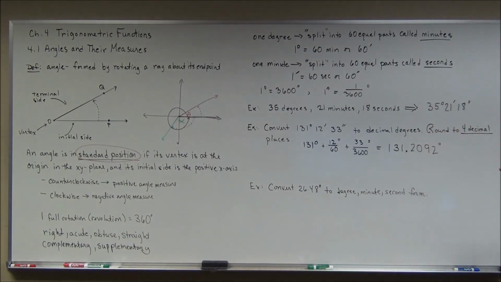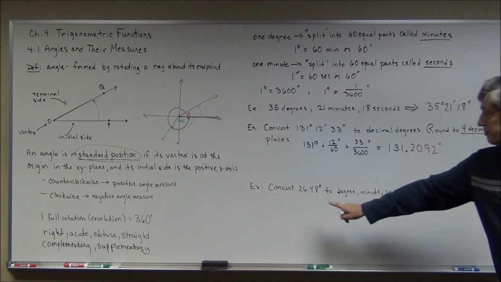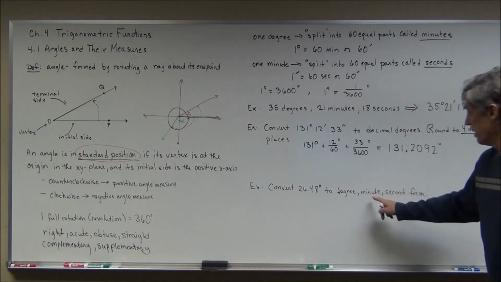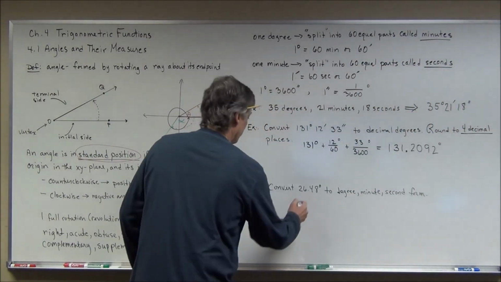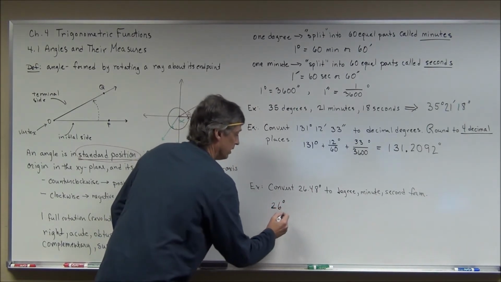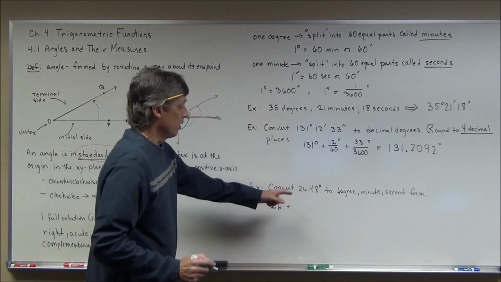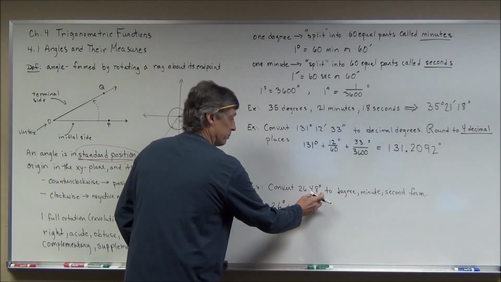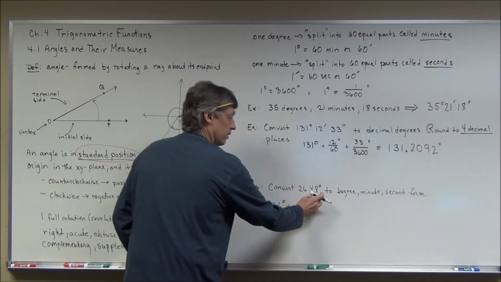Now we can reverse this process. We can take what they refer to as decimal degrees and change it into degree, minute, second form. So this is going to be 26 degrees plus, now, 0.48. Well, first we're going to find out how much 0.48 is in terms of minutes.